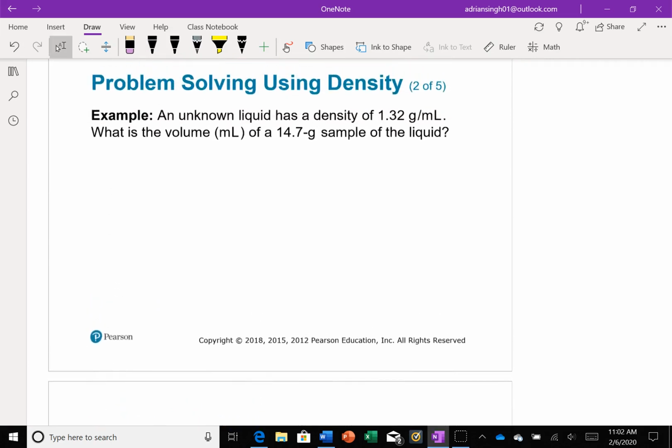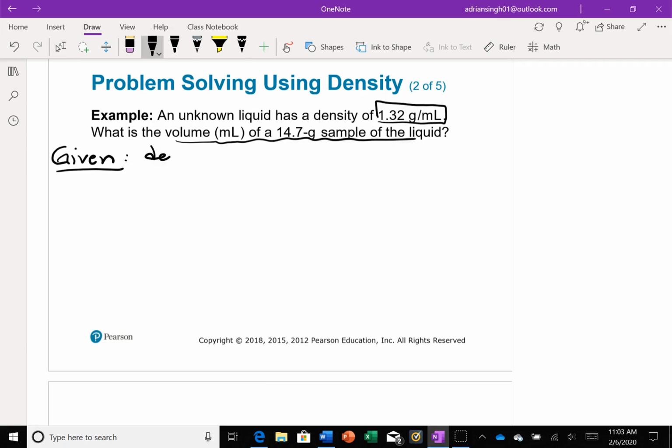So we have here our problem given. We said an unknown liquid has a density of 1.32 grams per mil. What is the volume of a 14.7 gram sample of the liquid? So what are we given?